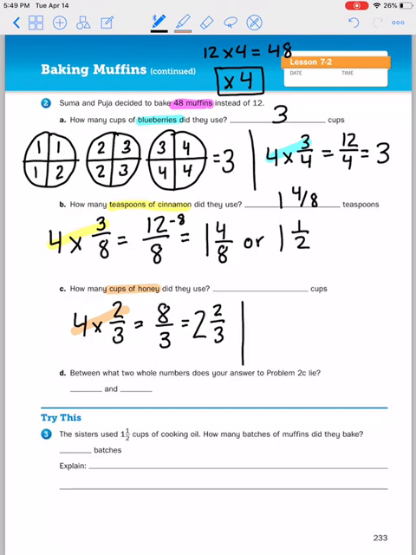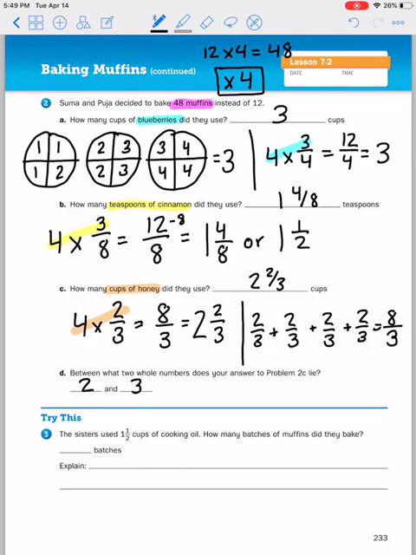I also could have done this using repeated addition. So you need 2 2/3 cups of honey. Between what 2 whole numbers does your answer to problem 2C lie? Well, I know that it's in between 2 and 3, because it's a little bit more than 2, but it's not quite 3.